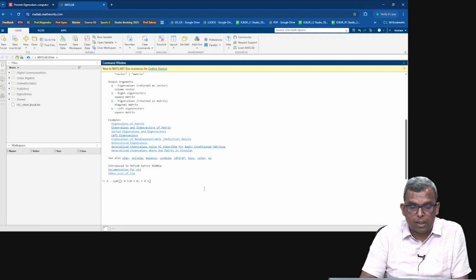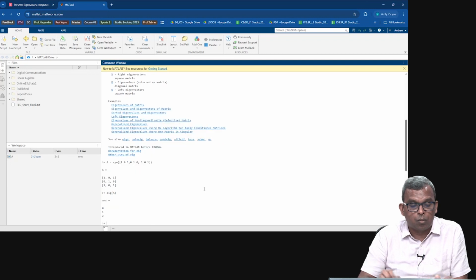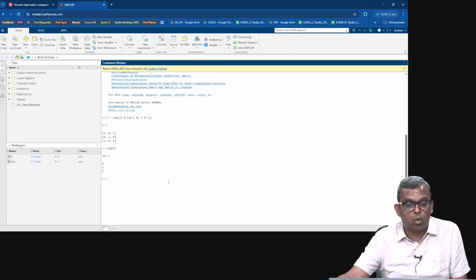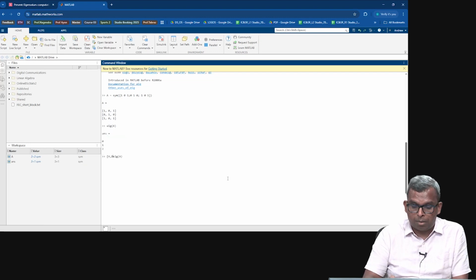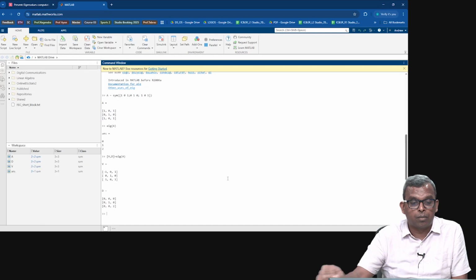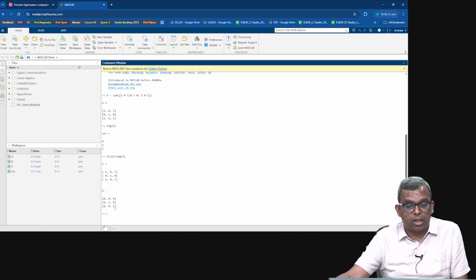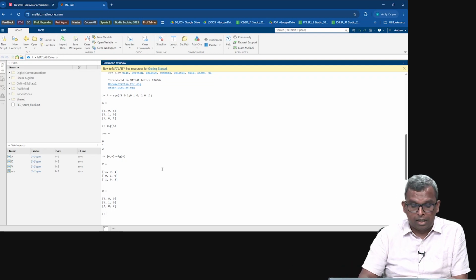So, this is my A. And then I can do EIG of A. It gave you the answer 0, 1, 2. You can also get the eigenvectors if you want, V comma D equals. Notice it gives you the eigenvalues on the diagonal, and the eigenvectors as columns.